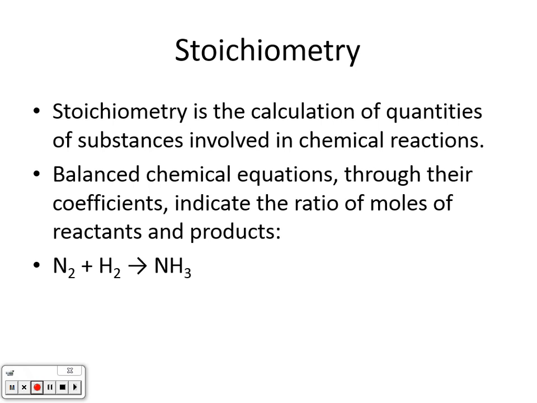This is a synthesis reaction, right? We're taking small things, we're putting them together to make something bigger. NH3 isn't that much bigger than N2 and H2, but it is bigger, all right? Is it balanced the way that it is currently written? No, it is not, right? So fortunately for you guys, I was feeling generous, and I gave you that balanced equation right next to it. Okay?